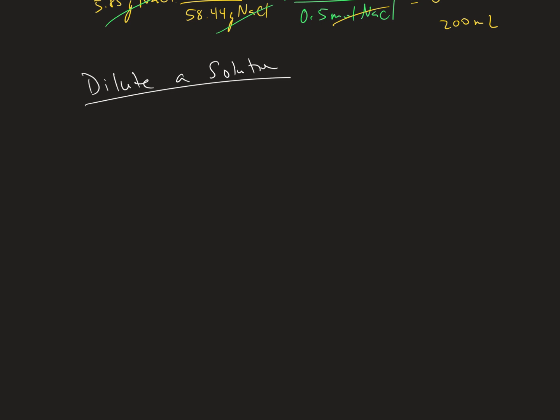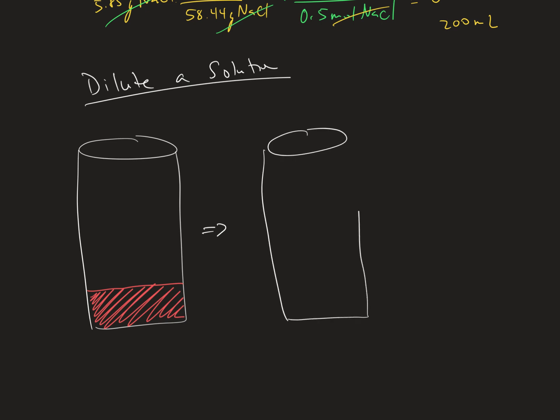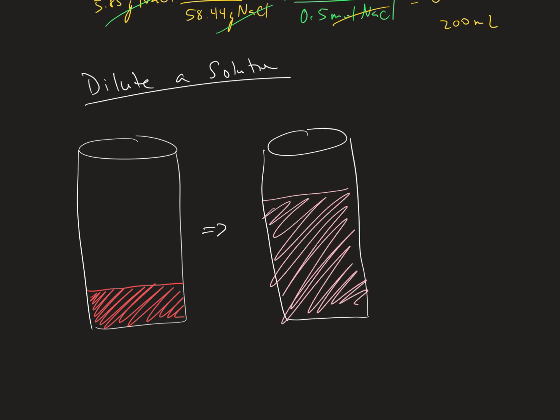So I'm going to start with a little graphic. If I have some water in here and I put red food coloring in it, it's going to look something like that, yeah? What if I add water to this? What's it going to look like? Lighter pink. But more of it, right? So something kind of like that.